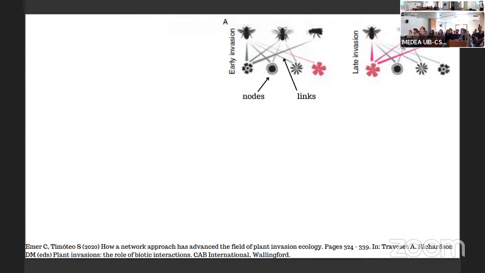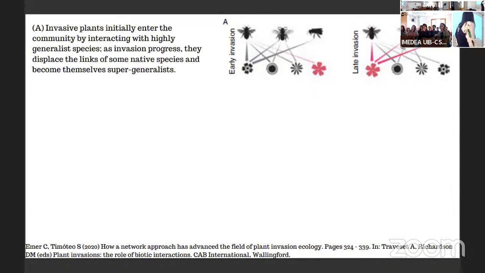Now we have three hypothetical examples of how invasive plants can integrate and reorganize ecological interactions in animal and plant ecological networks. The first example is this. In the early invasion situation, the invasive plant initially entered the community by interacting with a highly generalist species, here represented by this animal.